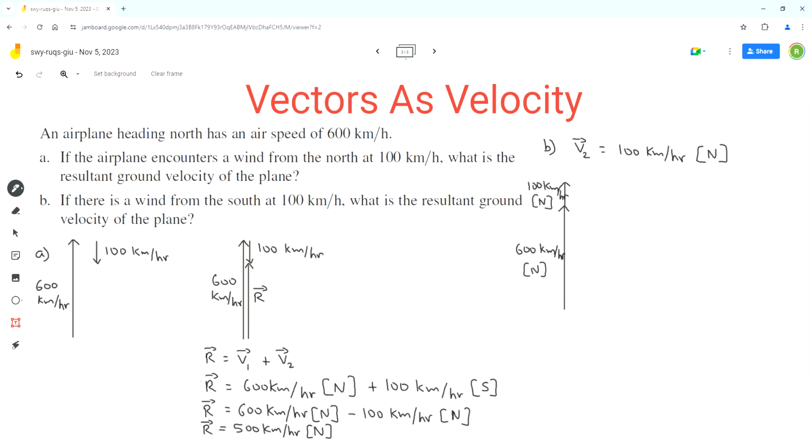So the resultant for these two vectors will be this vector. Now we can write the vector equation for the resultant.